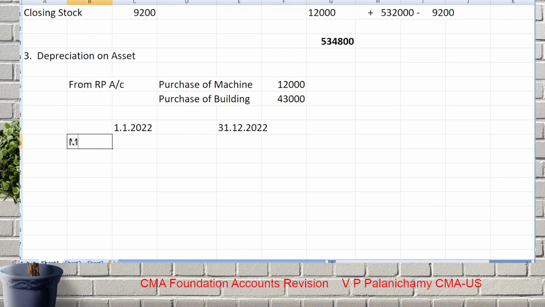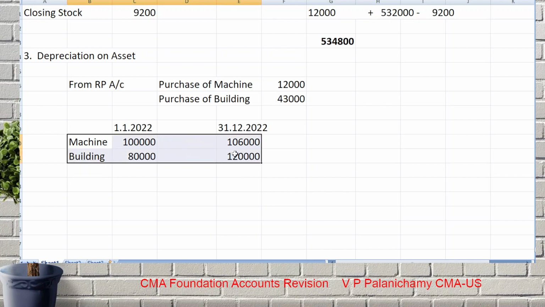For machine opening balance 1 lakh, closing balance 1,06,000 they would have given. Then building opening balance 80,000, closing balance 1,20,000.